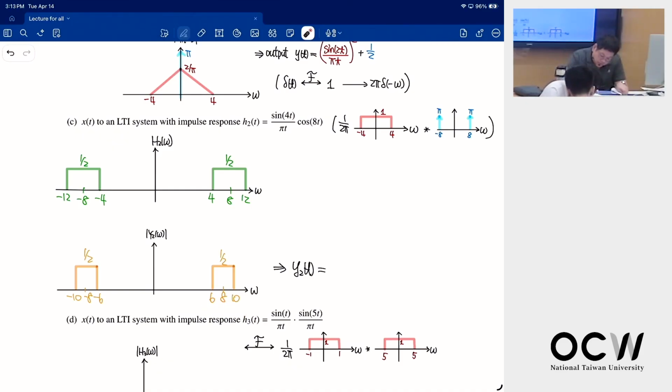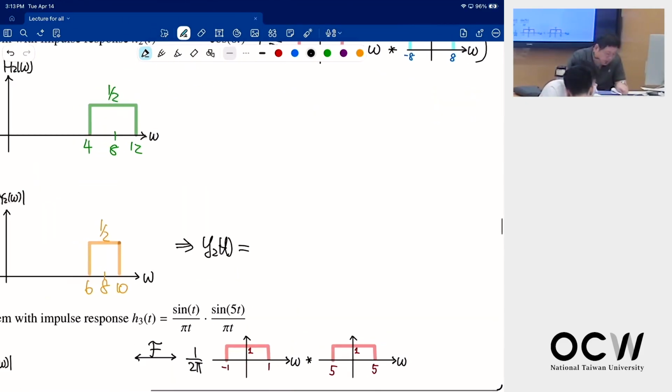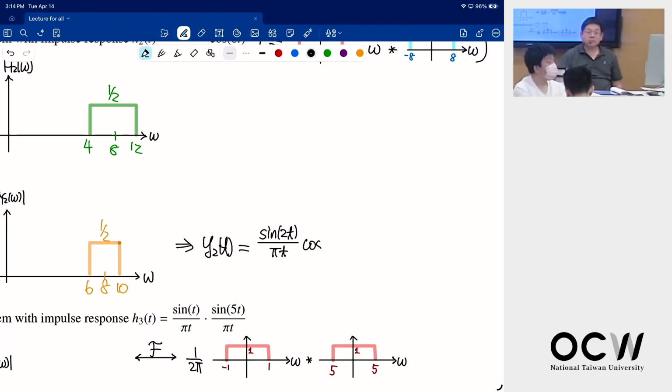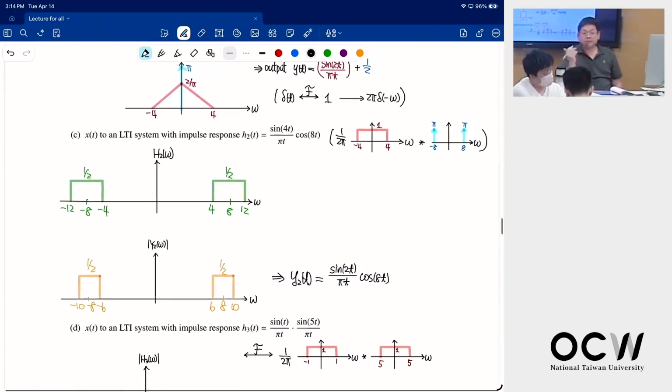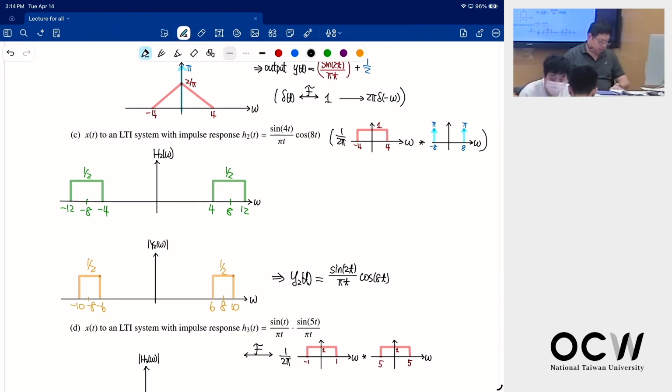So here I should get sine 2t divided by pi t, and then you times cosine 8t. You don't need to really do the inverse Fourier transform by the formula. Okay?